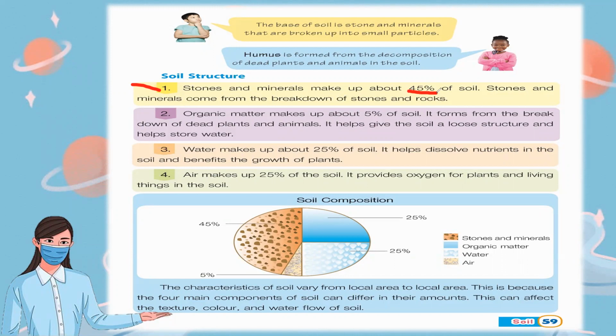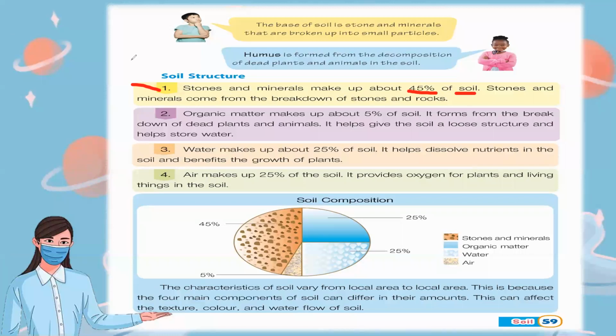You will see here on the graph. So 45% of soil is stones and minerals, and they come from the breakdown of stones and rock.